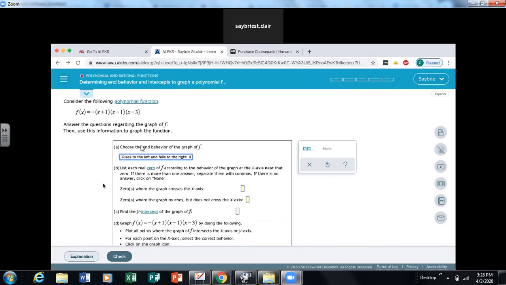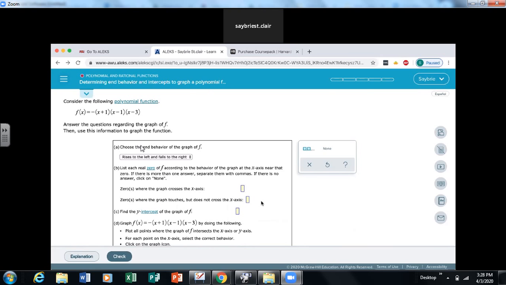So you're going to have to try to graph it to look like that. Where it crosses the x-axis, I don't know about that. All I know is all the zeros in this graph are -1, 1, and 3, because those are the numbers that give you 0 when you plug them in for x.